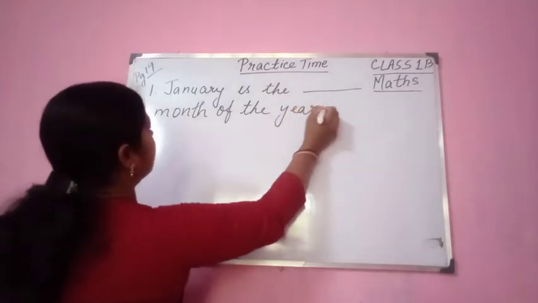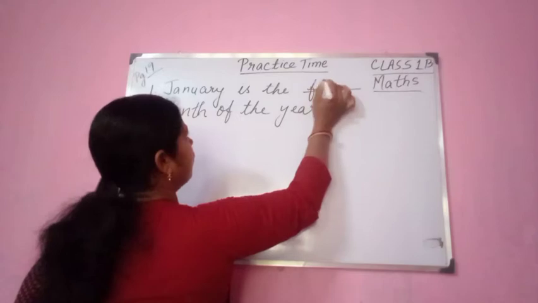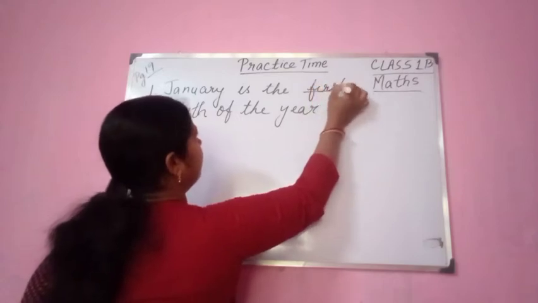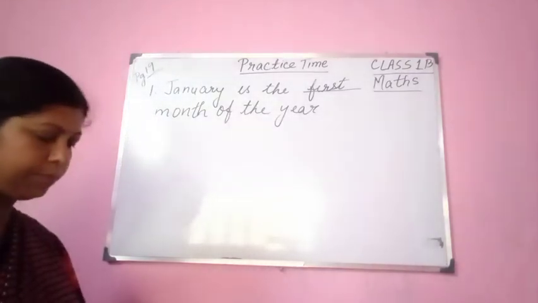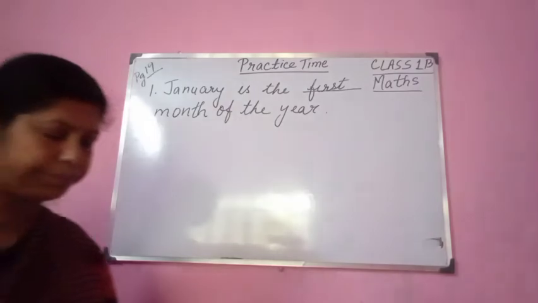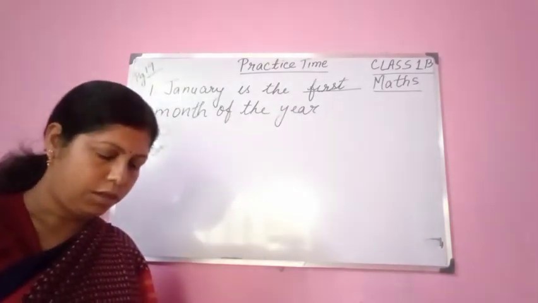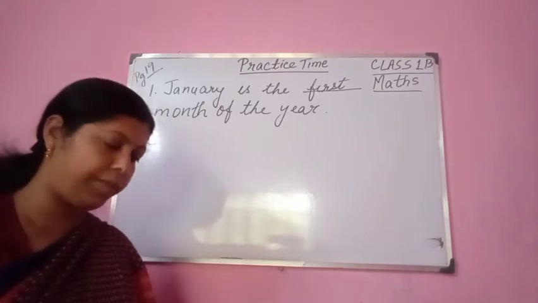So January is the first month of the year. Here what are we going to write? We are going to write first. January is the first month of the year. In the form of spellings you write down. You can also write 1ST, that also will be correct.